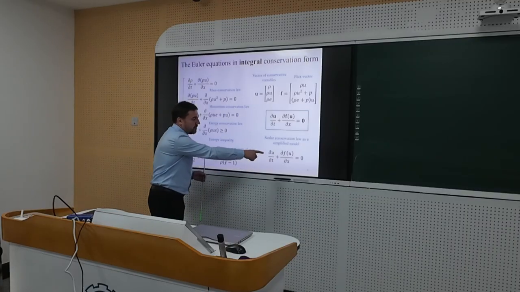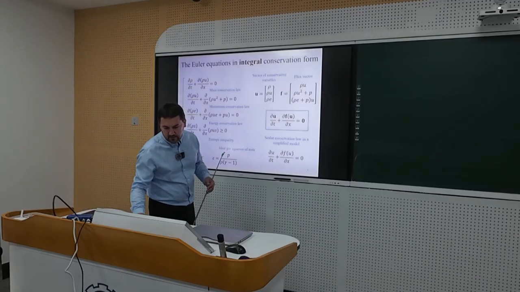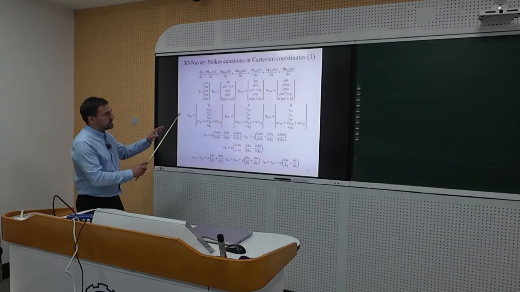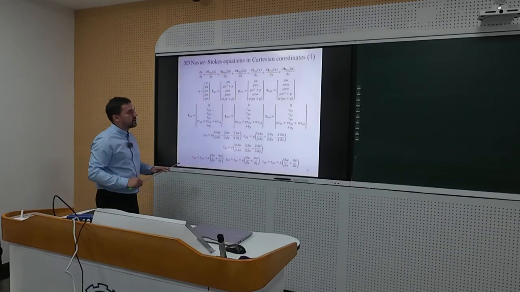But what about this term with mu from the previous slide? I don't know how to flip in the opposite direction. Anyway, this is the 3D Navier-Stokes equations in Cartesian coordinates.